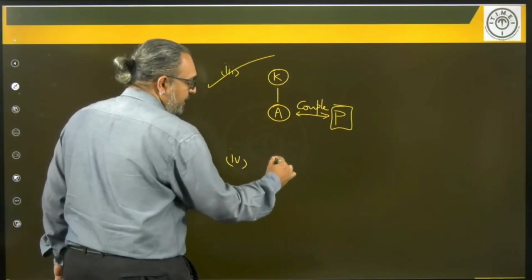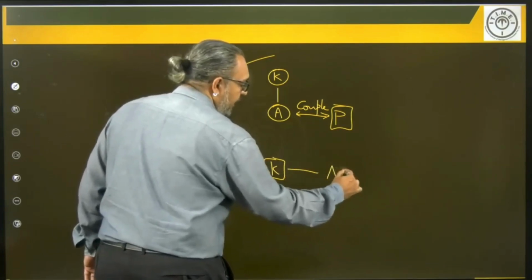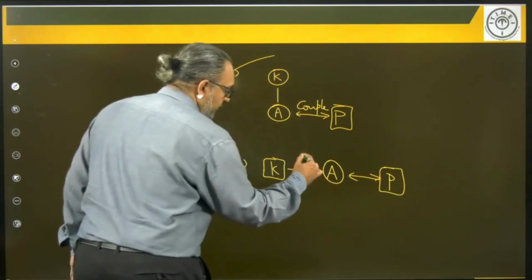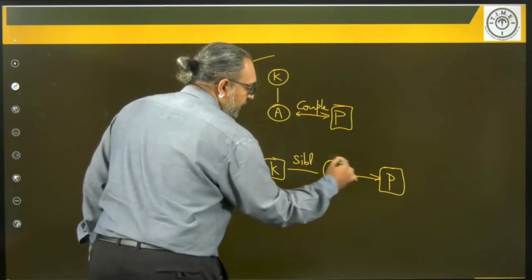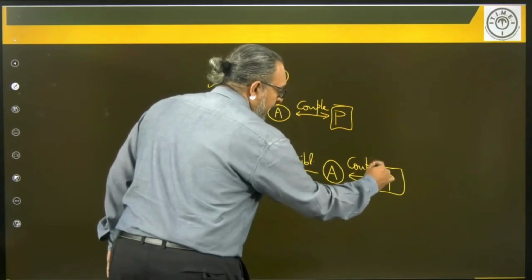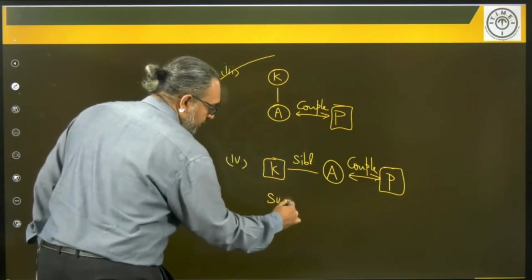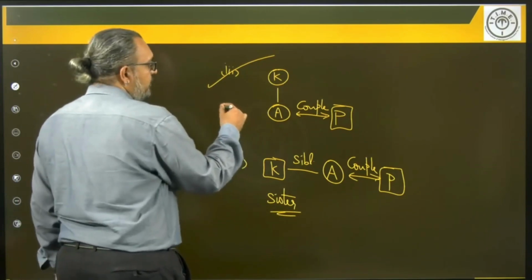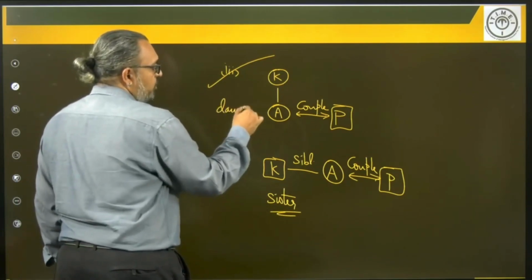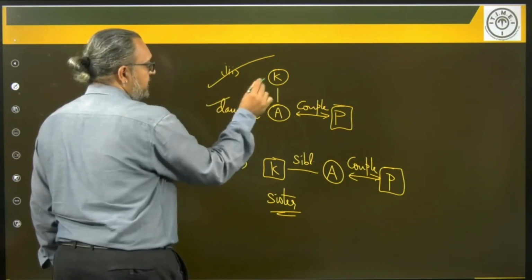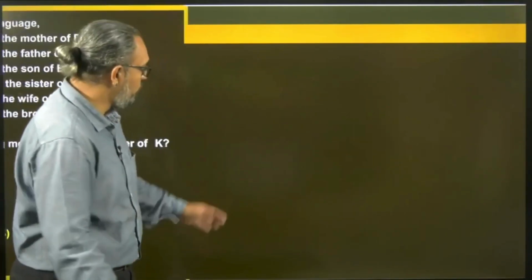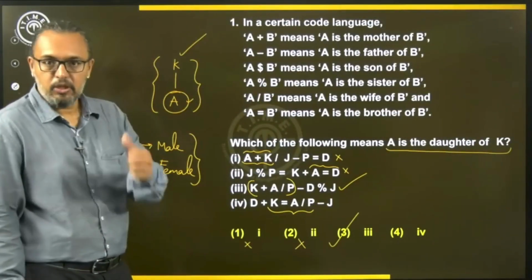I am getting K is a brother of A and A is a wife of P, so A is a sister of K. I don't want sister, I want daughter. A is a daughter of K. So that's how we work this out. Got it? Right.